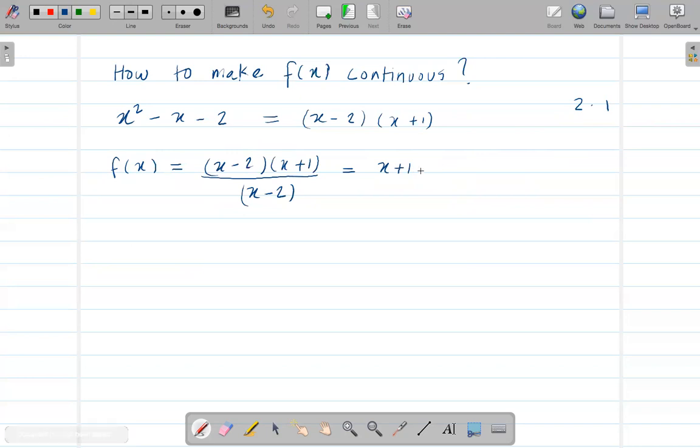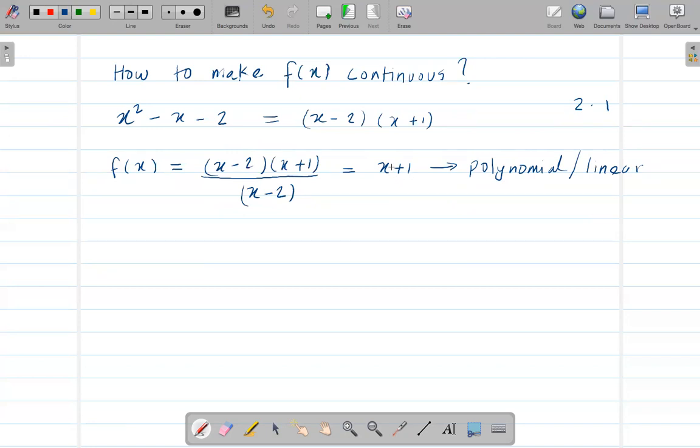So this function is a polynomial function. Or we can even say this is a linear function, because I'm going to get a straight line. On these kinds of functions, whenever we have a polynomial function, all the values of x are going to work here.